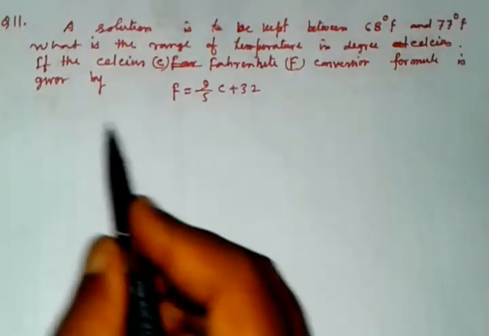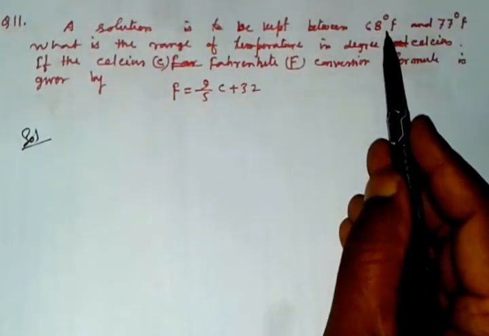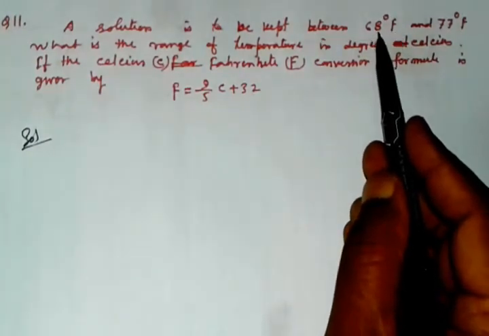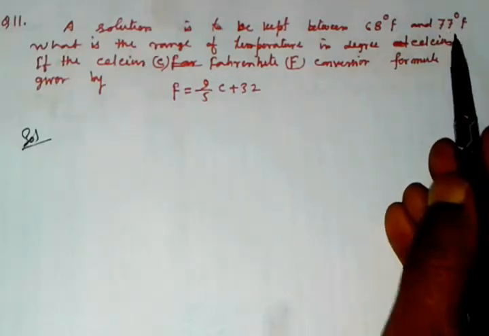With the help of this formula we can convert Fahrenheit to degrees Celsius and Celsius to Fahrenheit. So, solution. Here a range of two Fahrenheit temperatures is given. First is 68 degrees Fahrenheit and second is 77 degrees Fahrenheit.